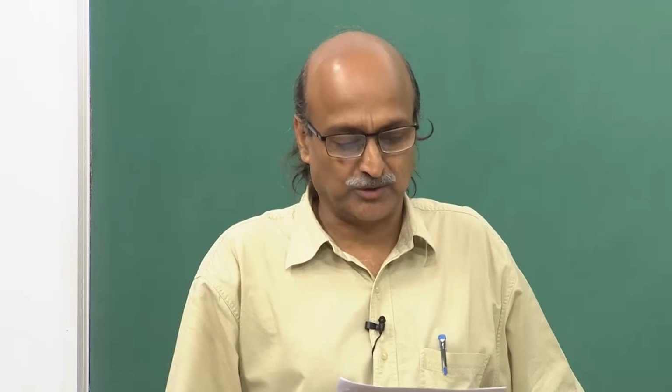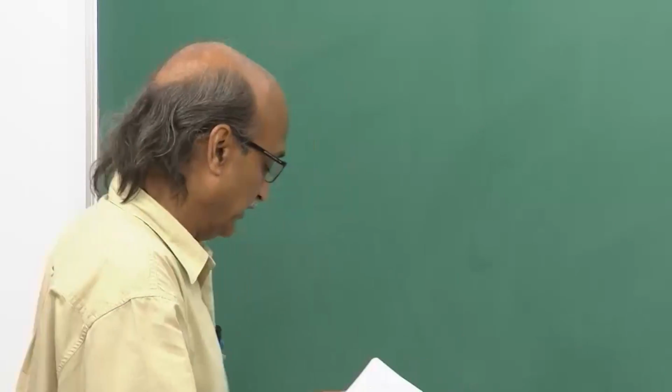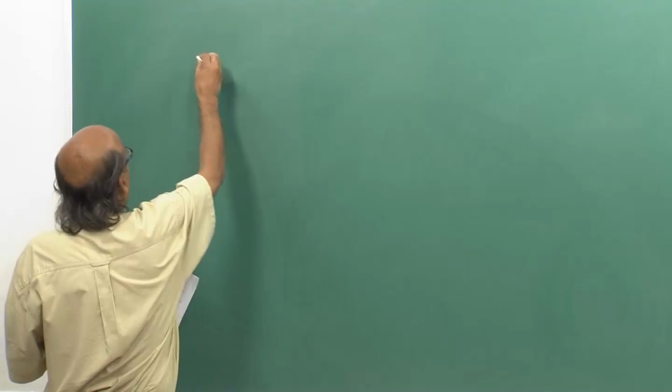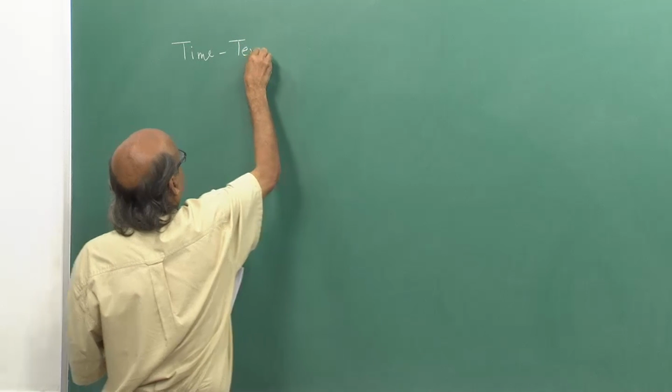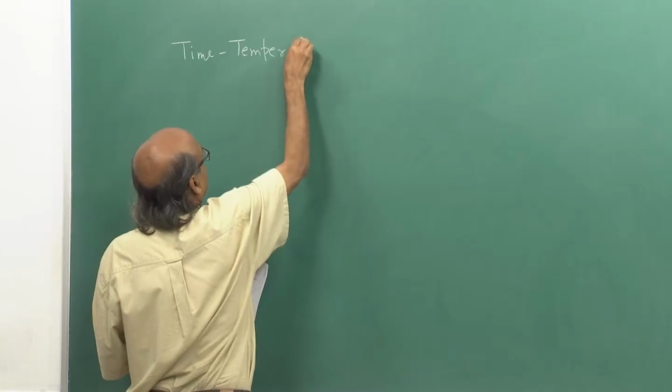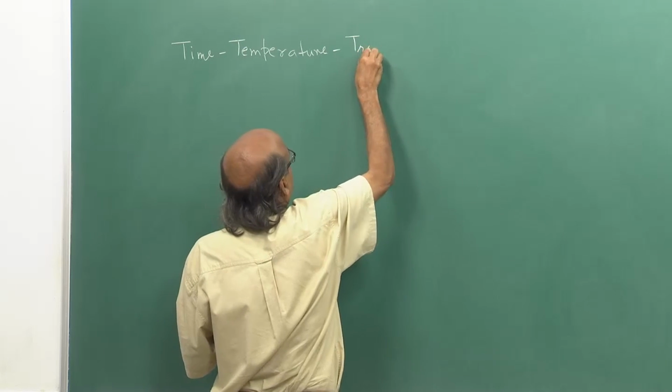Okay, so we have been discussing the kinetics of phase transformation, and in this context, one very important concept which has great practical utility is what is called the time temperature transformation diagram.